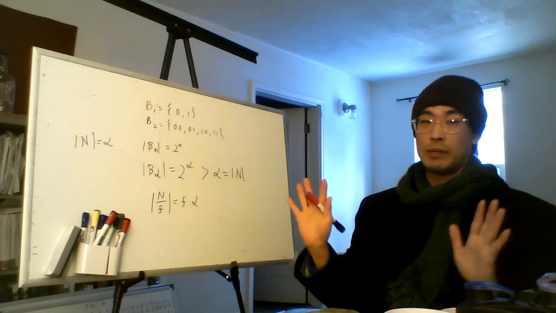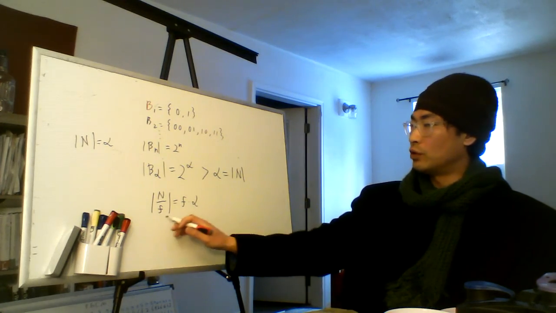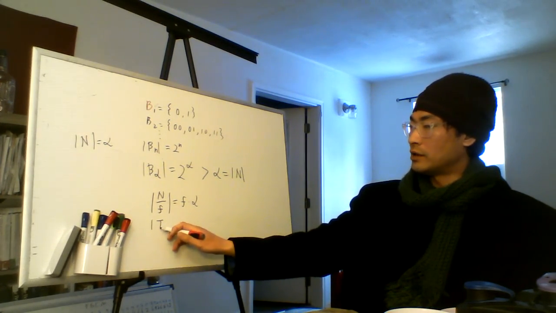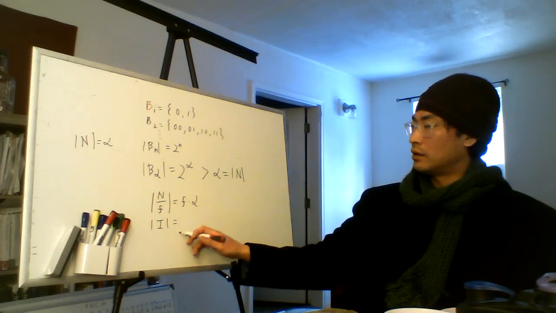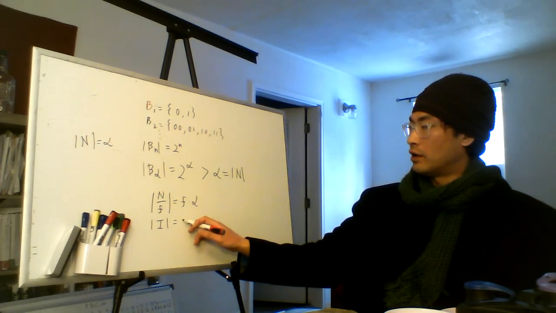We are only going to deal with positive numbers. We also know the set of integers has size 2 times alpha.